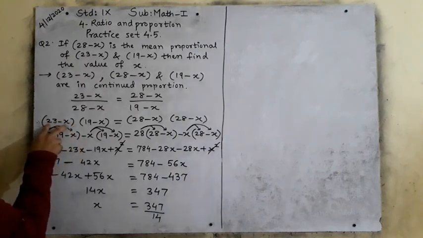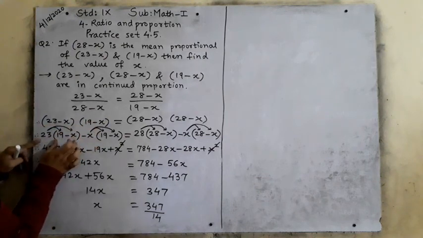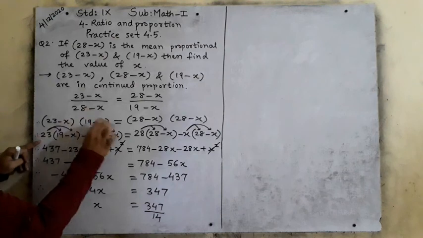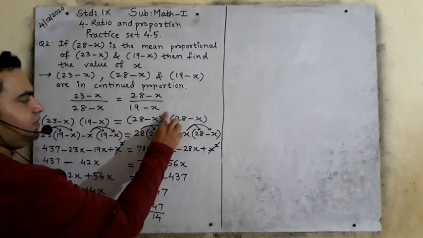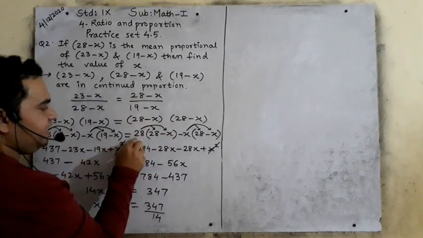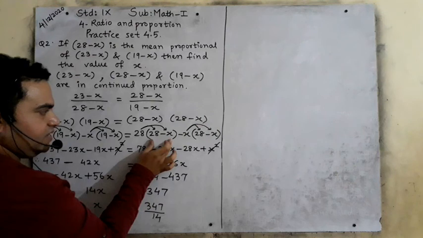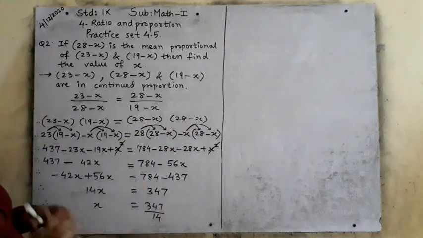So the first bracket you will make two parts, 23 and minus x. 23 will multiply to the second bracket as it is. Minus x will also multiply to the second bracket as it is. Here also there are two brackets and multiplication. So the first bracket we will break into two parts, 28, and minus x, and each will multiply to the second bracket as it is.